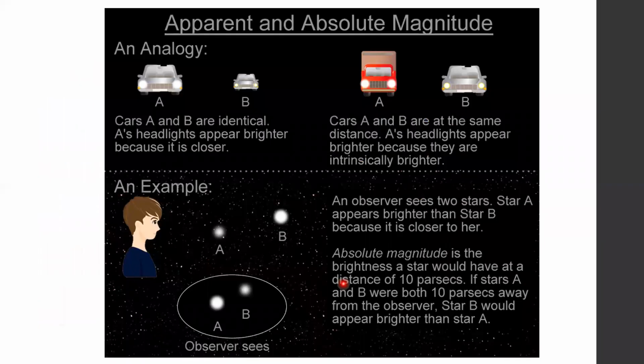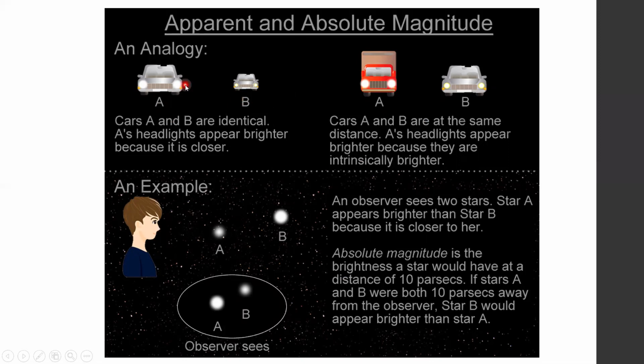All right, one other diagram I have for you here, a set of little images. I like this one because it gets back to what we were talking about in terms of true brightness versus distance. For example, in this image here with these two silver cars, car A's headlights appear brighter than car B's, even though both cars are identical and therefore have the same headlight brightness.